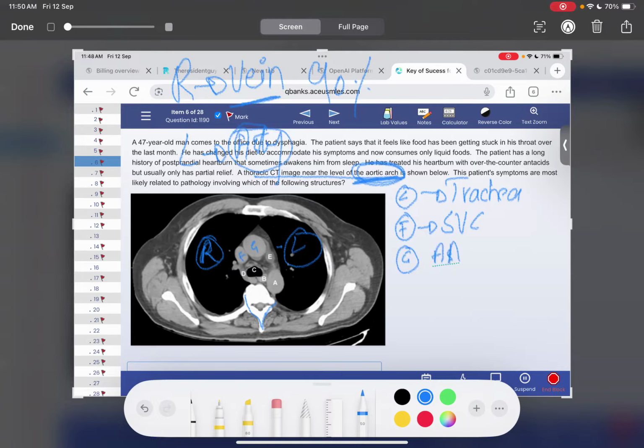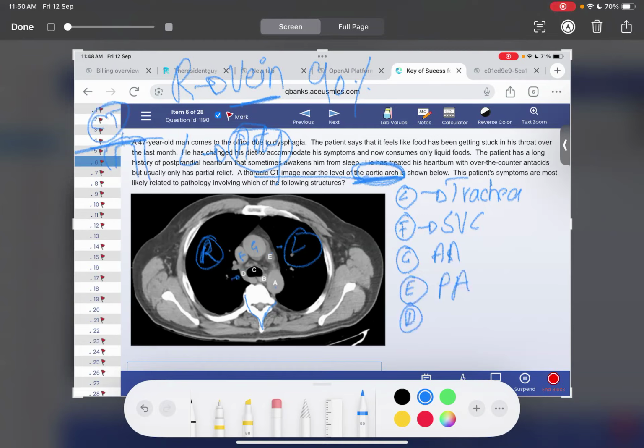CT scan at the level of the aortic arch, so at the arch E is your pulmonary artery. Okay, E. What's D? D is too small. It is very confusing. It is the azygos vein over here.